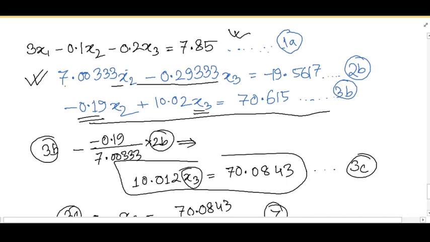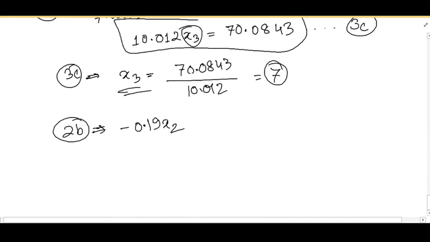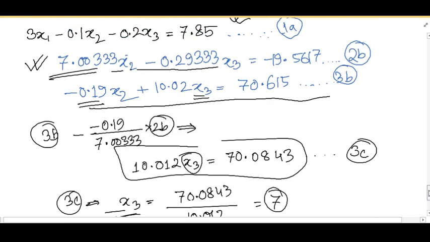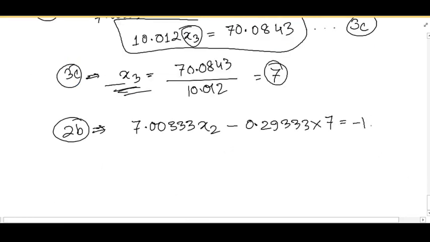So 7.00333 x2 minus 0.29333 multiplied by the 7 which we have got in the last equation, which is equal to minus 19.5617.